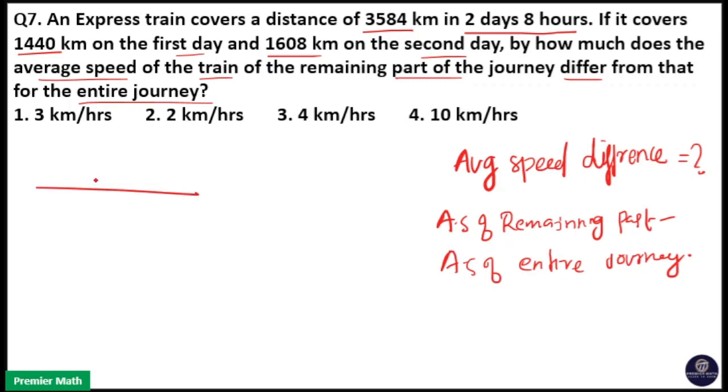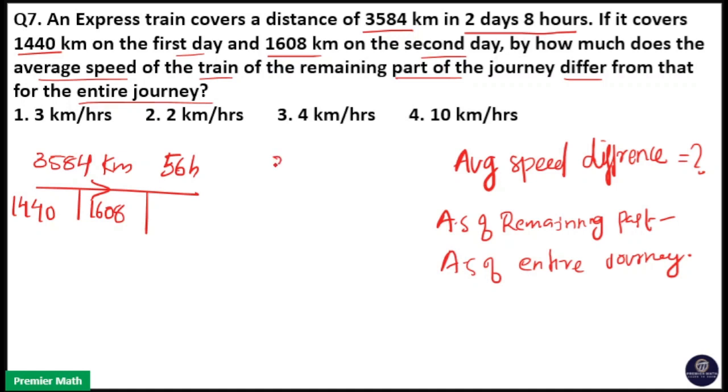Here a train travels 3,584 km in 2 days and 8 hours. That is 48 plus 8, which is equal to 56 hours. On the first day it travels 1,440 km. Next day it travels 1,608 km.